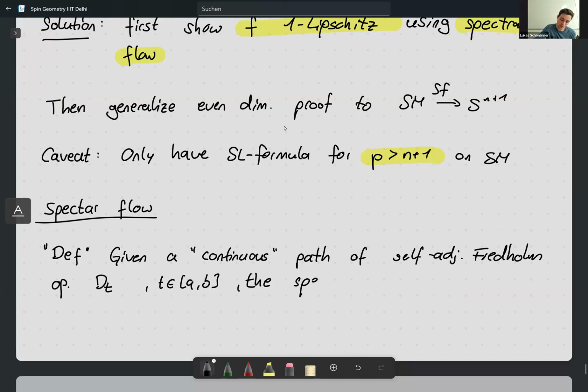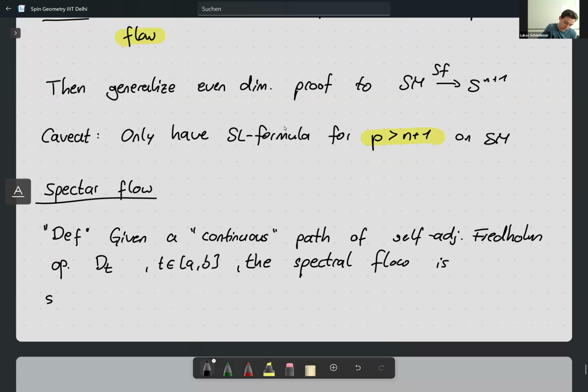The spectral flow is the number SF of D_t.